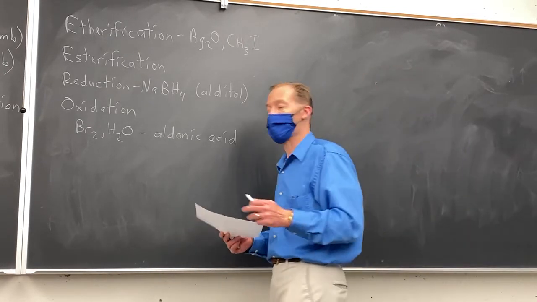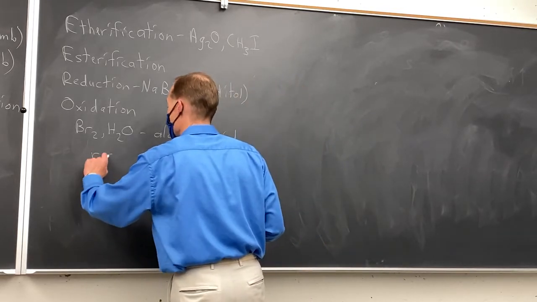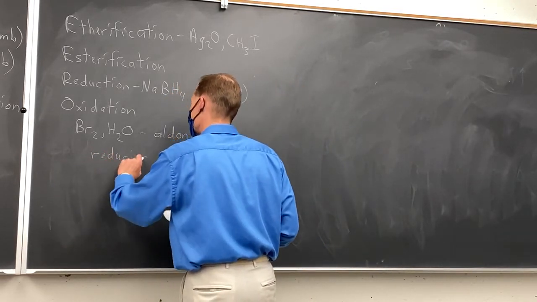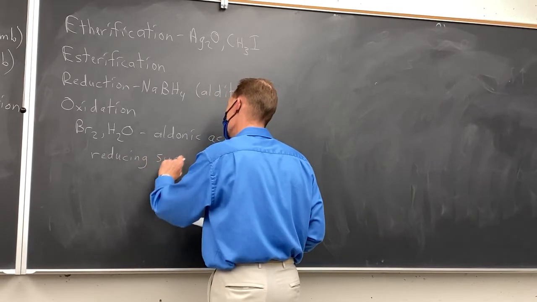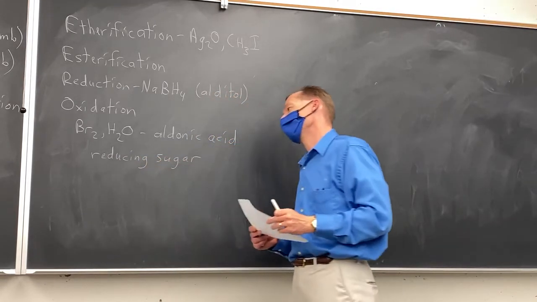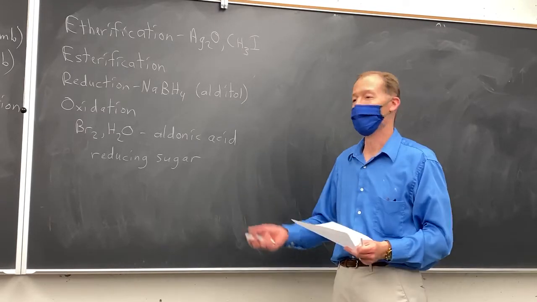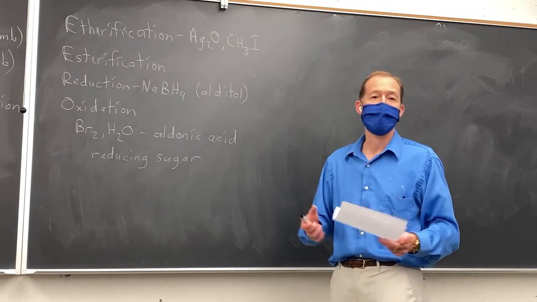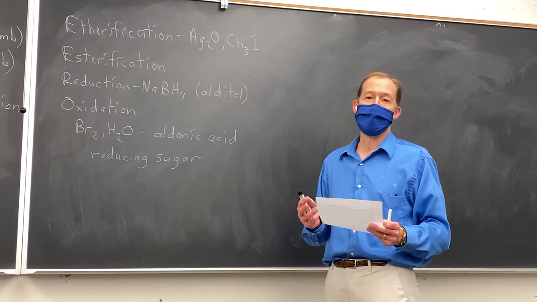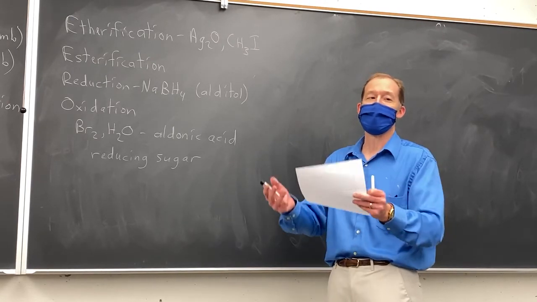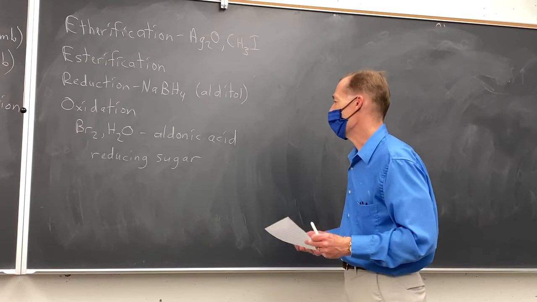And so this reaction is what gives us the definition of reducing sugar. A reducing sugar being a carbohydrate that can be oxidized with Tollens reagent, Benedict's reagent, bromine, and water. So it would be a sugar that has either an aldehyde or is in equilibrium with an aldehyde.